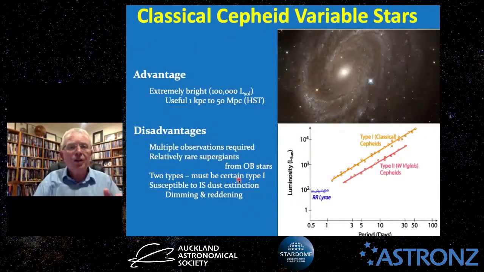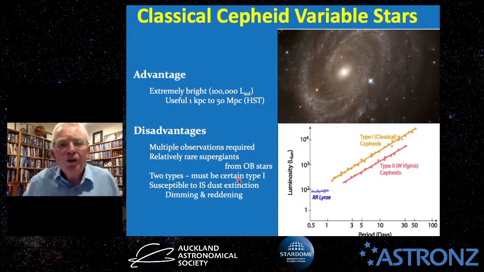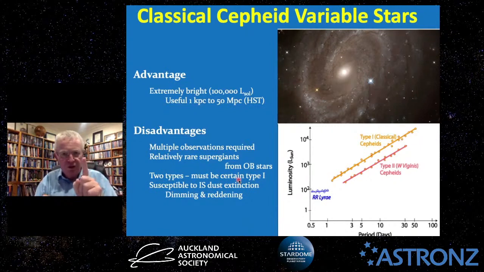Okay, so let's look at something. So the advantages. So why use Cepheid variable stars to measure distances? They're extremely bright. How bright something is, they call it luminosity, and they use the sun, or Sol, brightness as a standard. So one solar luminosity is the brightness of our sun, power output.